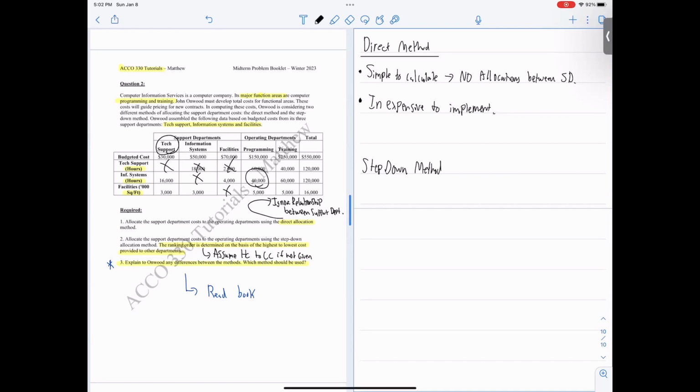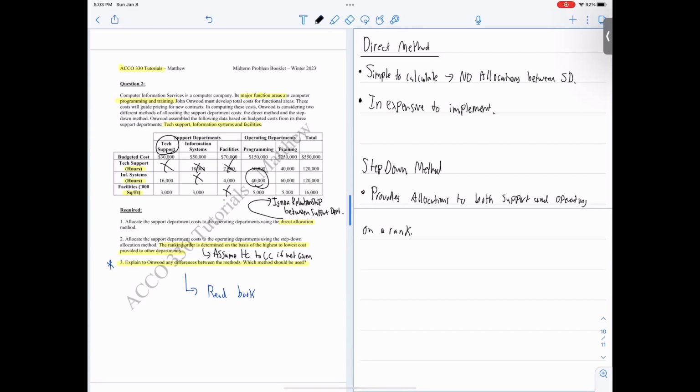Okay. Now the step down method, guys. What's the difference between the step down and the direct method and the reciprocal? It's based on a ranking system. So what it does is it basically provides allocations to both support and operating on a ranking basis, right?